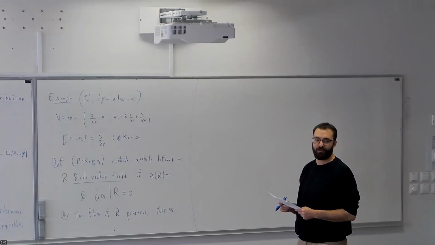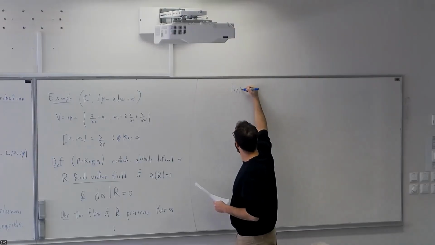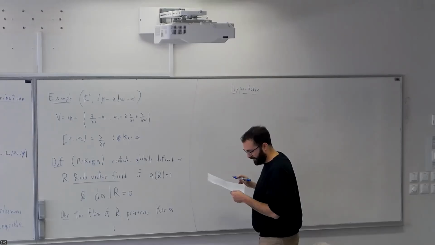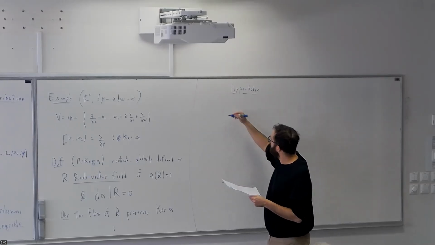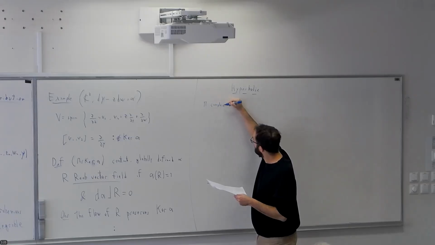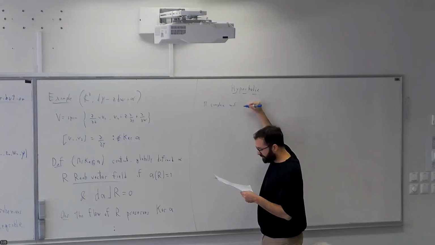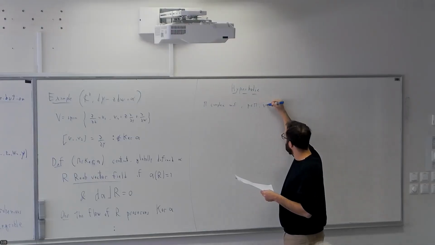So I'll be extremely quick about what hyperbolic means. We talked about contact, now hyperbolic. So again, we have our complex manifold. We take a point, and we take a direction.